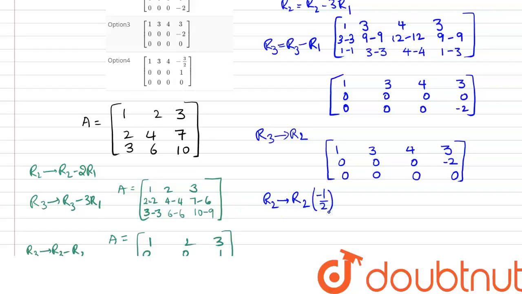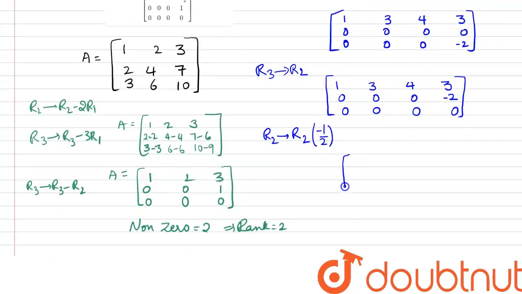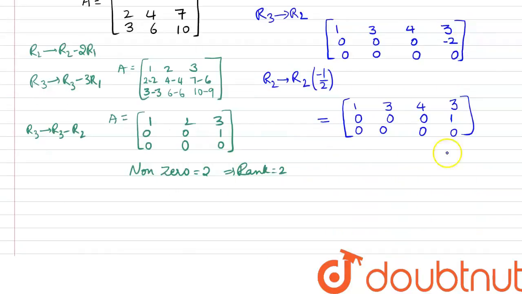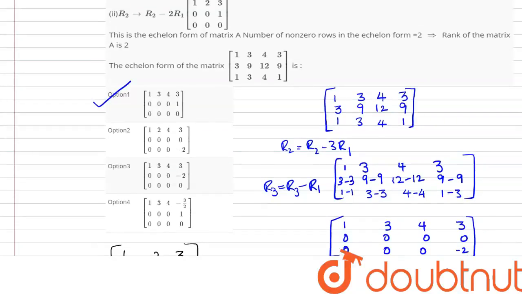Then we get 1, 3, 4, 3, 0, 0, 0, 1, 0, 0, 0, 0. What is our answer here? We get the answer as option 1: 1, 3, 4, 3, 0, 0, 0, 1, 0, 0, 0, 0. This is our answer. Thank you. Option 1 is our answer.